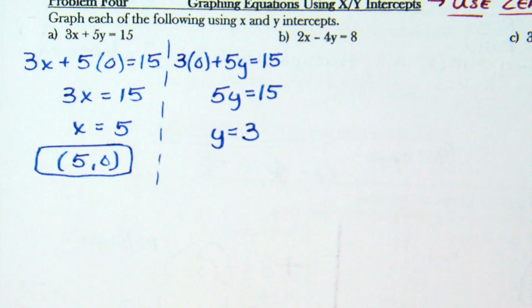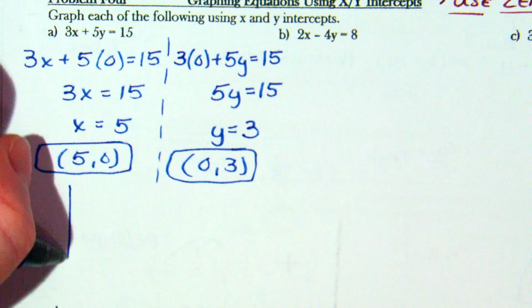Now, I'm just going to sketch a graph here. And this only involves positives, so I'm just going to sketch first quadrant. Where's an x-intercept of 5? At 5, 0. 5 right on the x-axis.